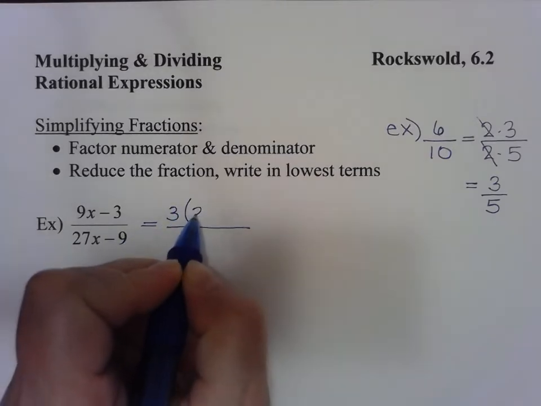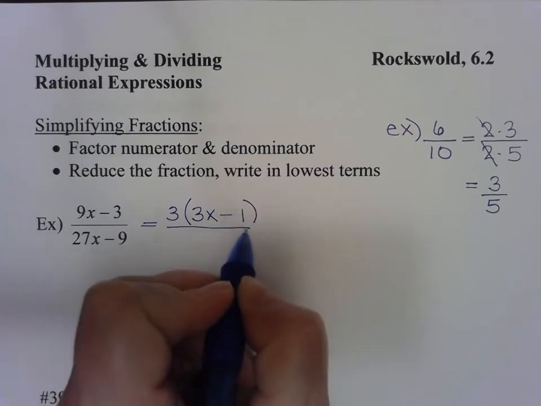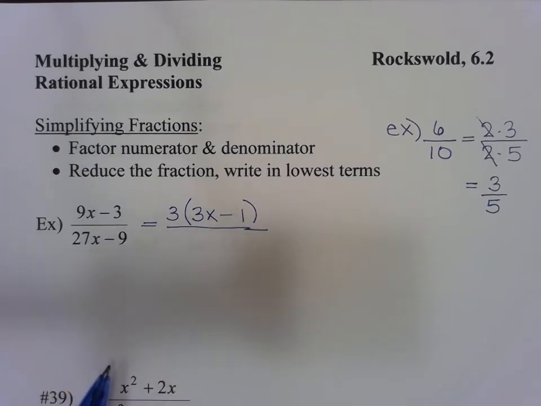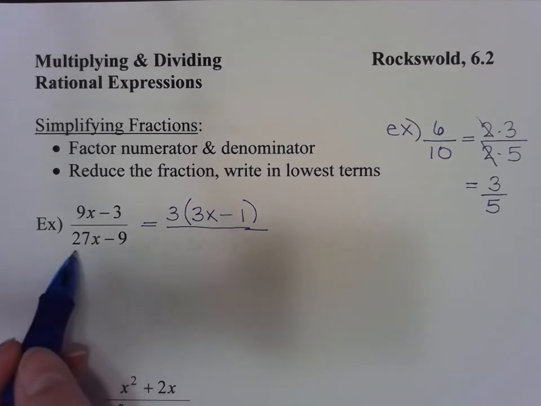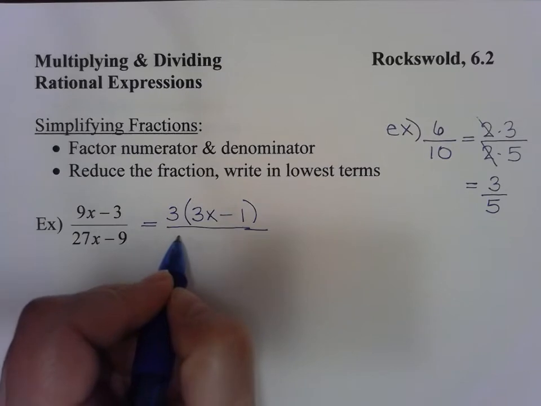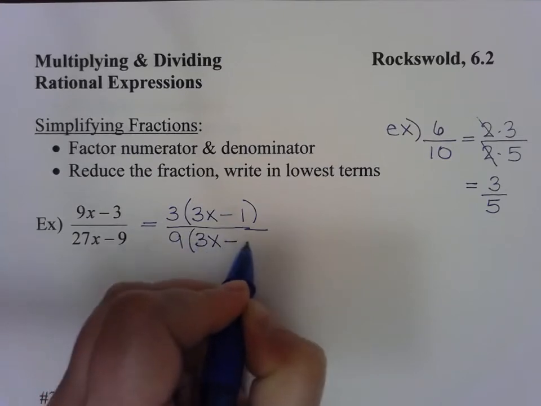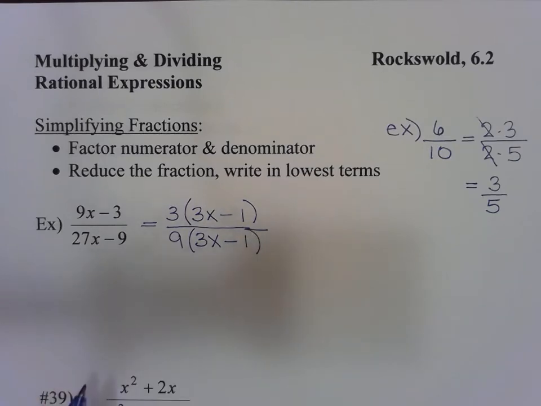Should be a 3. If we divide by 3, we'll have 3x minus 1 left over. In the denominator, what's our GCF? Should be a 9. We'll have another 3x minus 1 left over.